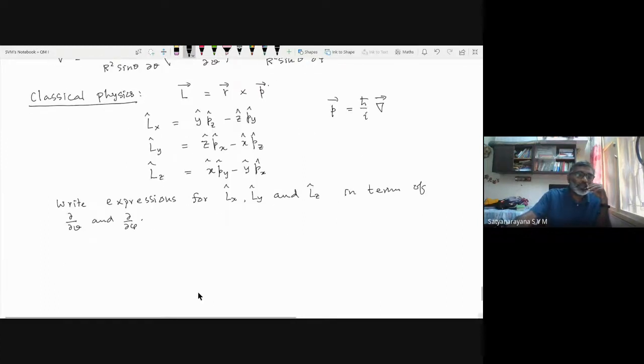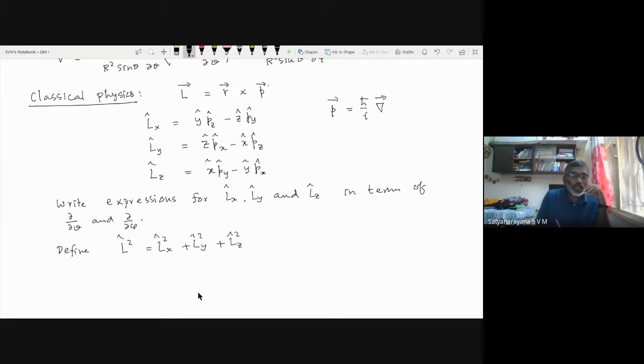Then you can define an operator called L square, which is equal to Lx square plus Ly square plus Lz square.